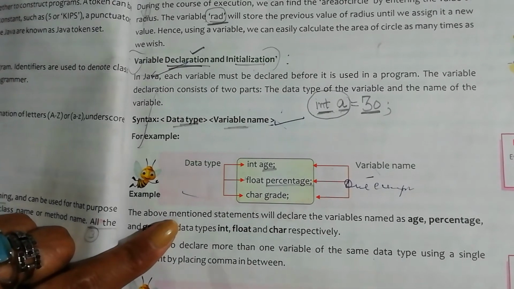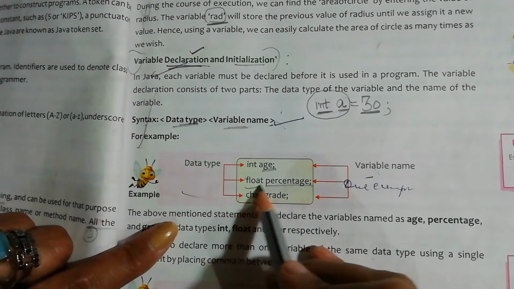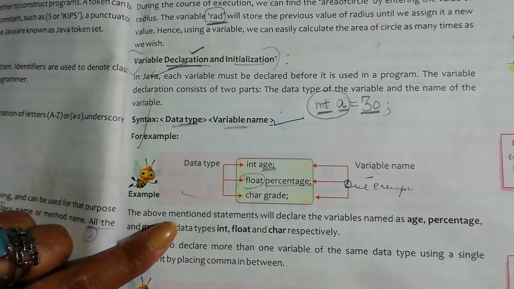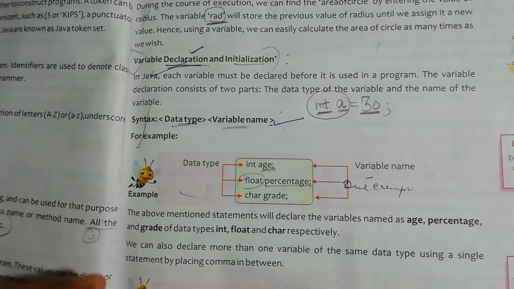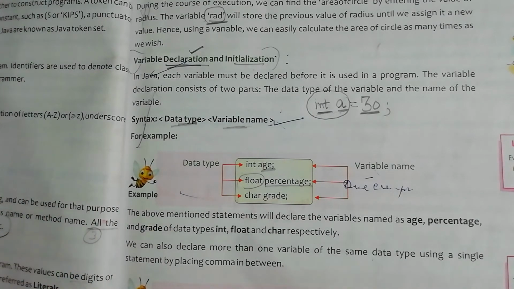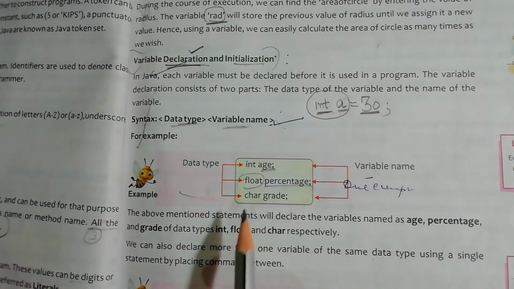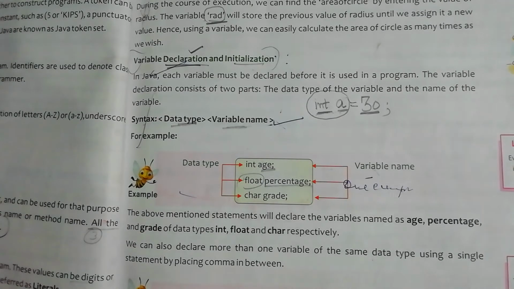Percentage, yes, percentage is a float data type. Now we have a float data type. So integer we have already told that inside an integer you can store only a number which does not have any point, but it is opposite in the float data type. In the float data type you can store a number which actually has a decimal point.